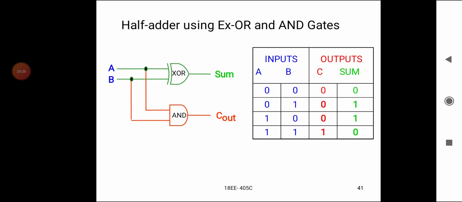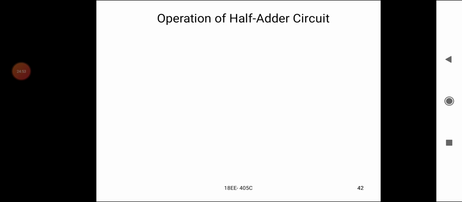When inputs are in opposite states, then sum is high, that is 0, 1 and 1, 0 conditions of the inputs. The carry is high when both of the inputs are high.